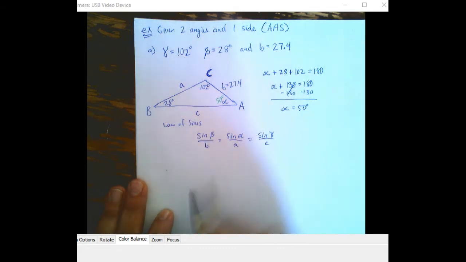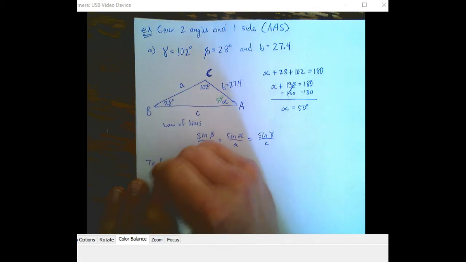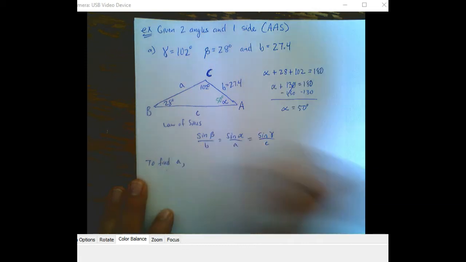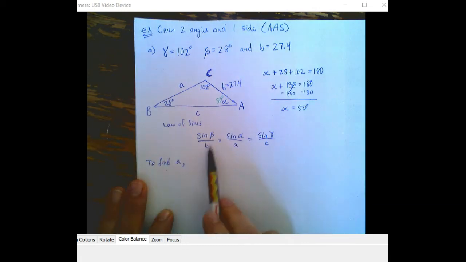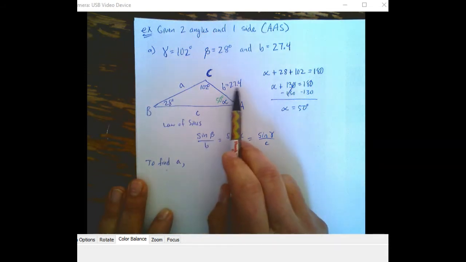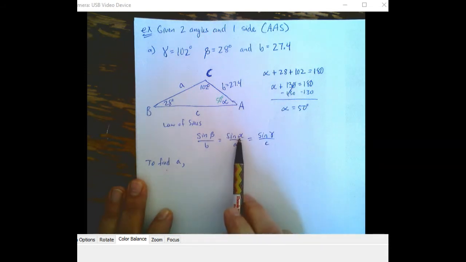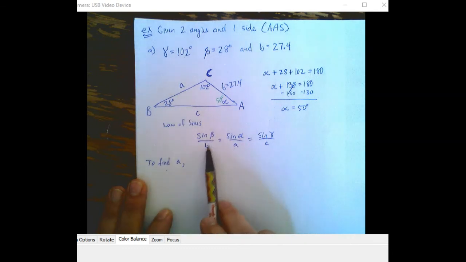So first, to find little a, we know that the sine of beta over b equals the sine of alpha over a. We know beta is 28, we know b is 27.4, we know alpha to be 50, and we're looking for little a. So we have all of our unknowns solved for except for little a. So I'm just going to work with this ratio for now.